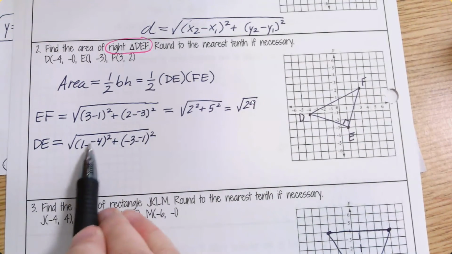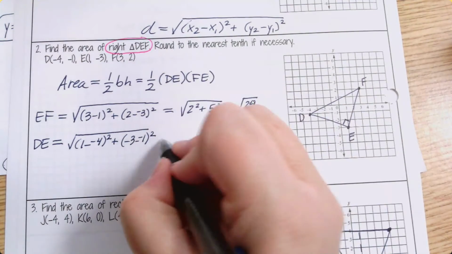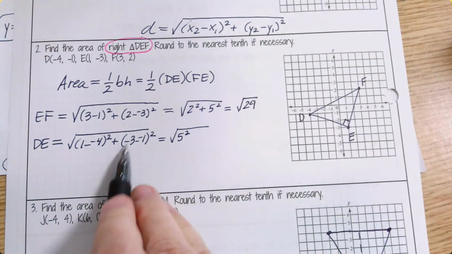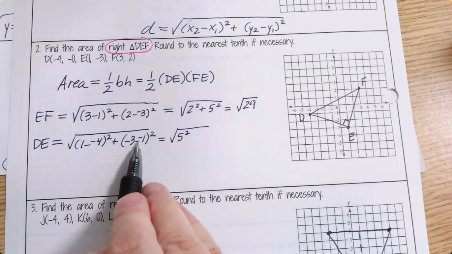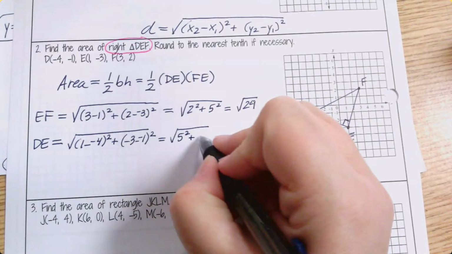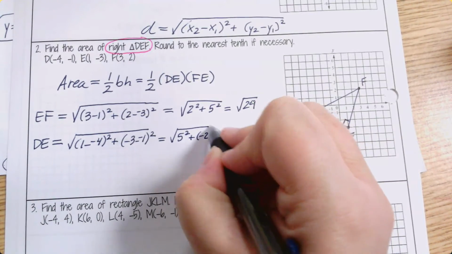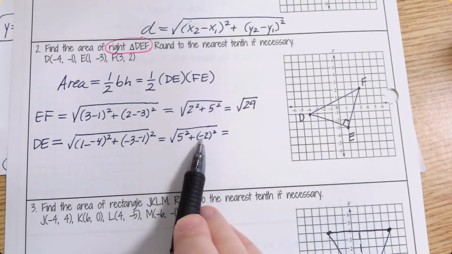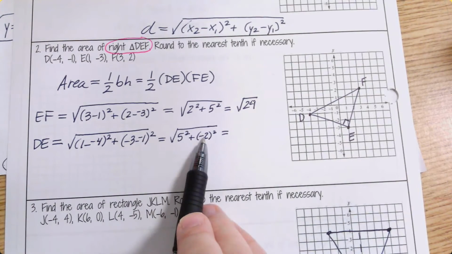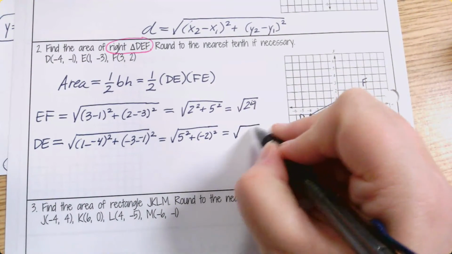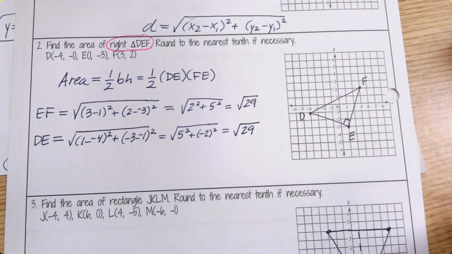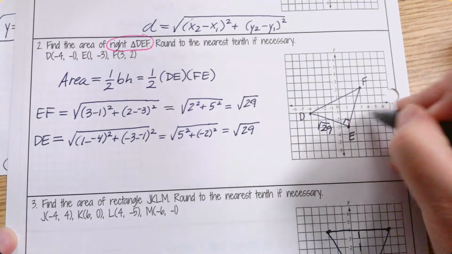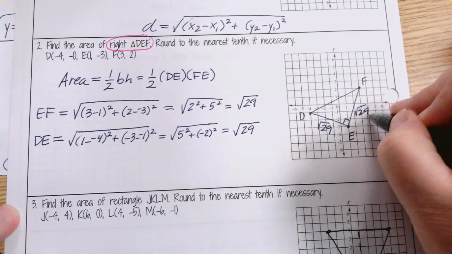This becomes plus, so 1 plus 4 is 5. 5 squared. -3, this becomes plus, -3 plus 1 is -2. So -2 squared. -2 squared is 4. 5 squared is 25. So again, 25 plus 4 is square root of 29. So this happens to be an isosceles triangle. So we now know that this length is square root of 29 and this length is square root of 29.